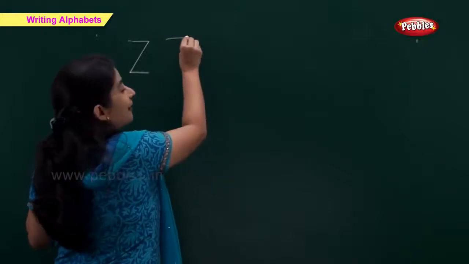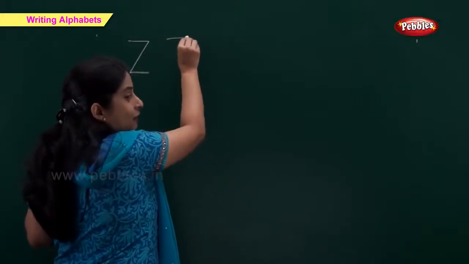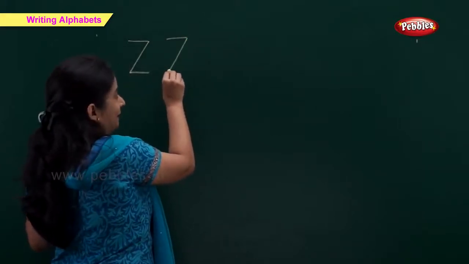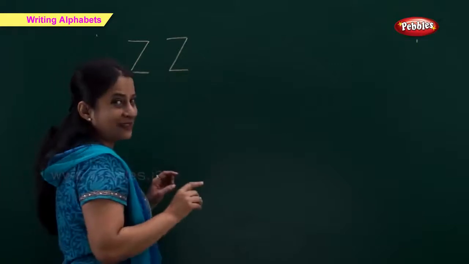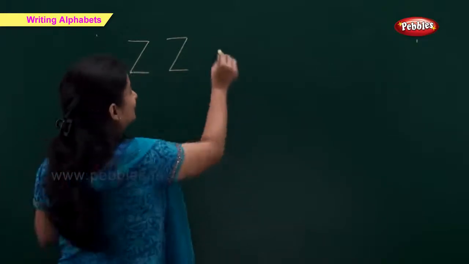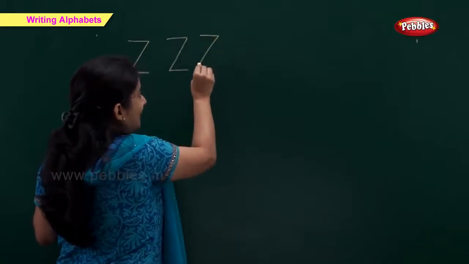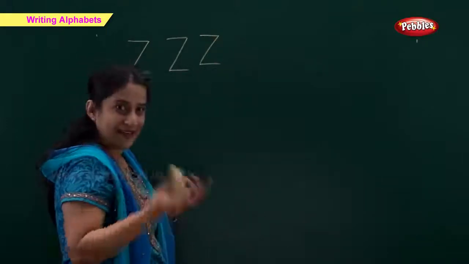A sleeping line. Okay, now what's next? A cross line. And a sleeping line makes Z.